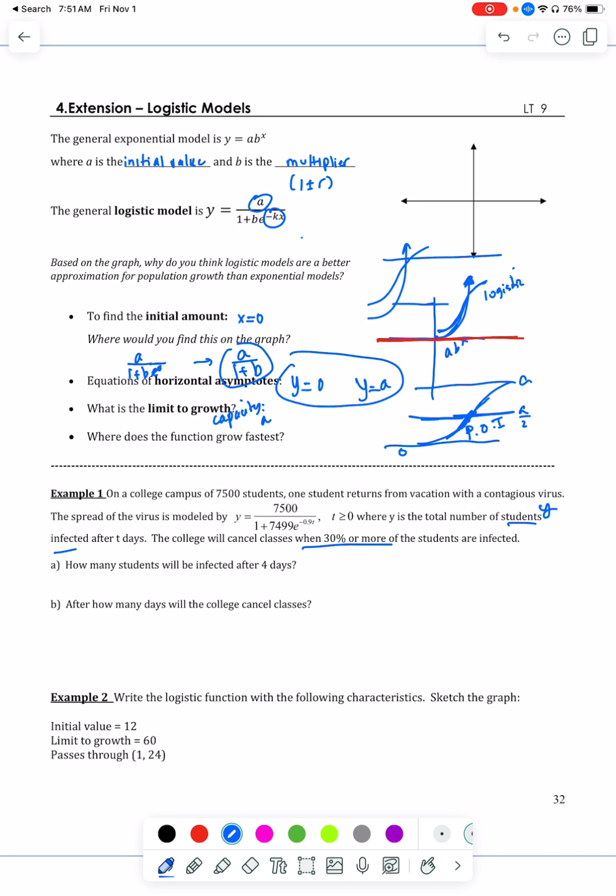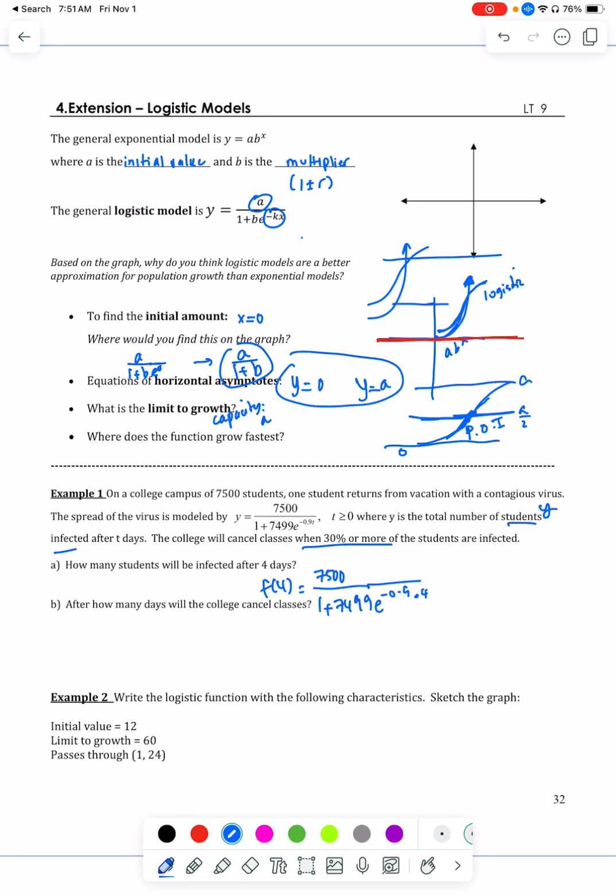How many students will be infected after 4 days? So all I have to do is apply this for t equal to 4. So you're finding f of 4, or y of 4. You're going to have 7,500 over 1 plus 74.99 times e to the negative 0.9 times 4.